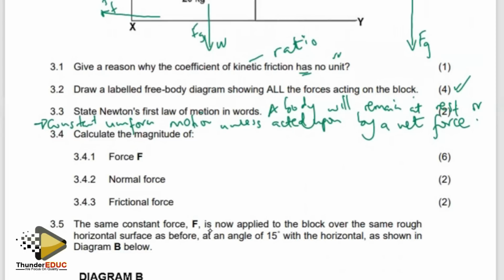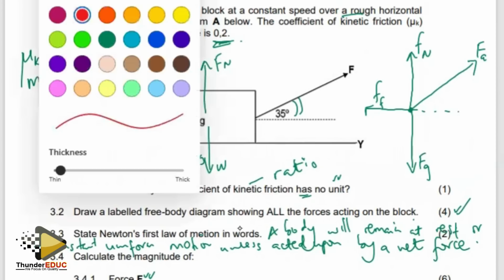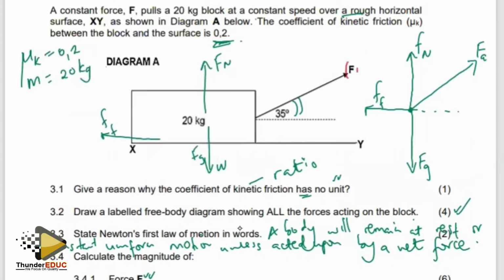3.4. They want us to calculate the magnitude of the force F for 6 marks. What we can see here is a whole lot of combination of forces. But before we even attempt the question, we need to know that this F is at an angle of 35, which means it has 2 components. We have the horizontal component and the vertical component, which means we have to resolve this into 2.